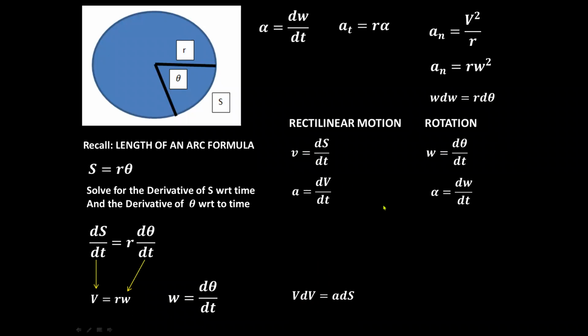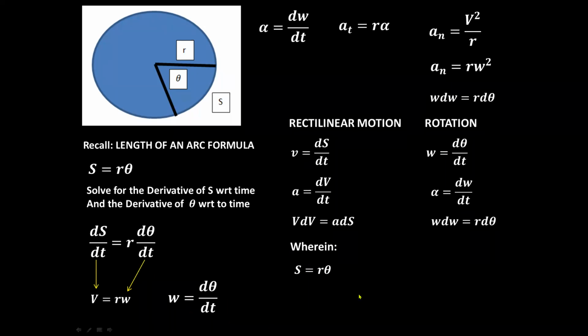Okay, let's proceed. Under pa rin ng rectilinear motion, we have VdV is equals to AdS. Ang counterpart nito sa rotational motion is WdW is equals to R d theta. So, dapat ang mga yan, kabisado ninyo from physics up to dynamics. Wherein, balikan natin ang formula ng length of an arc.